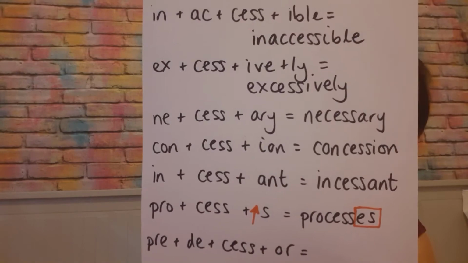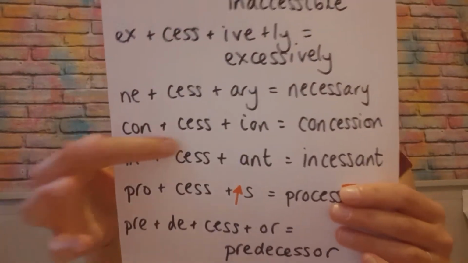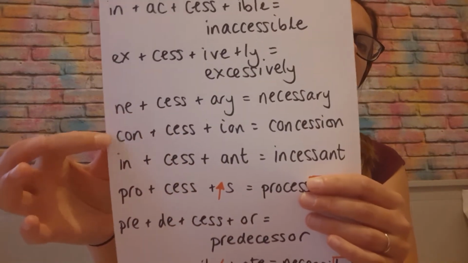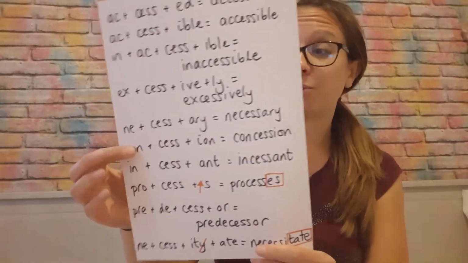Necessary is an adjective, describing something. I've also put in concession, so we've got the one starting with concess. Con is our prefix. Who can remember what con means as a prefix? Could be con or com or cor. It is with, and actually if you go on to learn Spanish, the word con actually means with, like chili con carne is chili with meat.